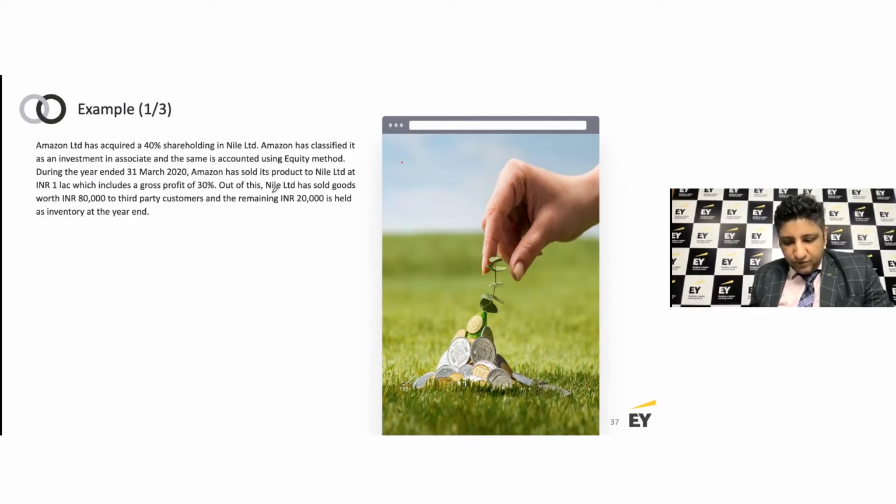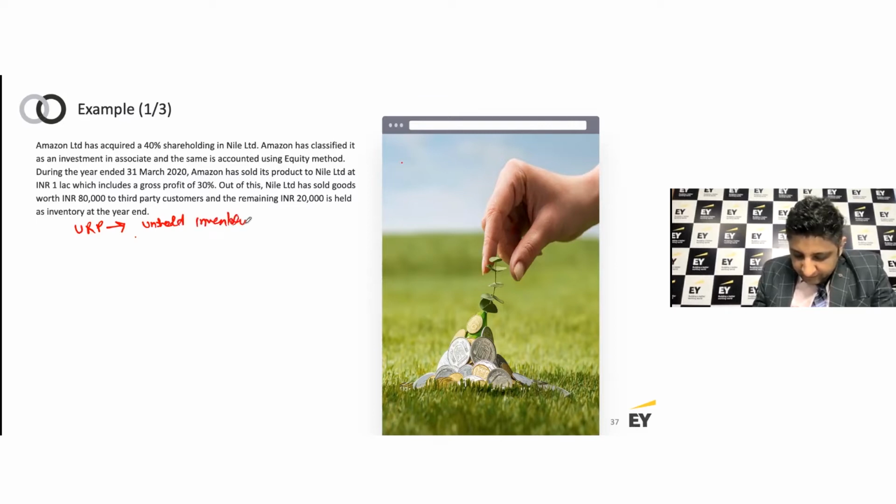Now, what you need to remember here, what we discussed in the previous section where we talked about the URP, the unrealized profits concept. We say that in case of an associate, you need to calculate the URP on, of course, the unrealized or unsold inventory, which in the given case is 20,000.